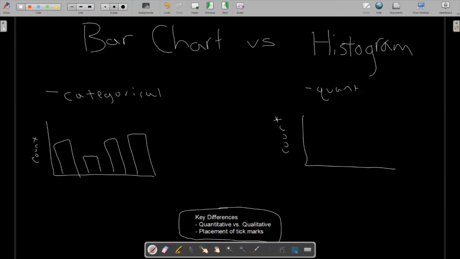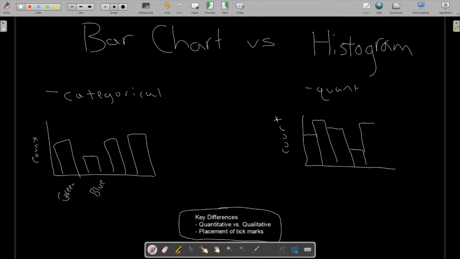But where the difference comes is where each category here, each bar represents some kind of a qualitative value, such as a color, perhaps green, blue, and so on. Bars in a histogram will be packed right together with no separation in between them.